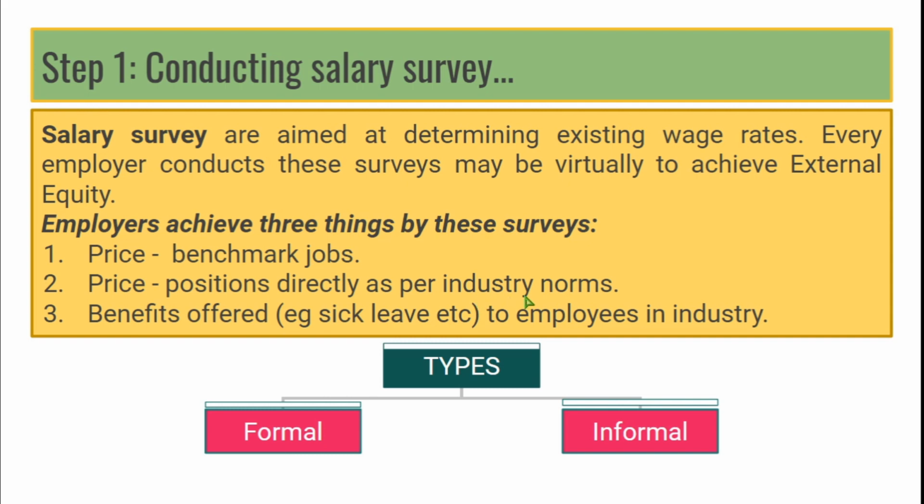The third thing that is achieved is that the employer also comes across the benefits offered to employees in the industry, for example, sick leaves, overtime policies, paid vacations, etc. He may thereby keep similar standards in his organization to avoid demotivation among employees, retrenchment and reduced turnover rates.